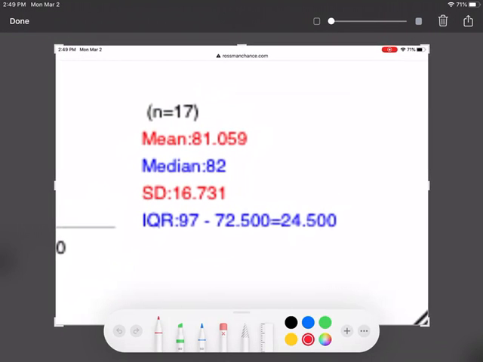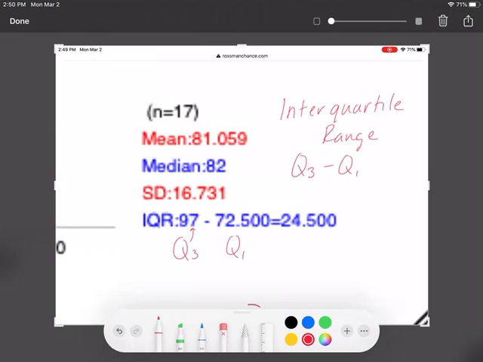Let me screenshot this. This IQR stands for interquartile range, and it is the third quartile minus the first quartile. So the third quartile is 97, and the first quartile is 72.5.